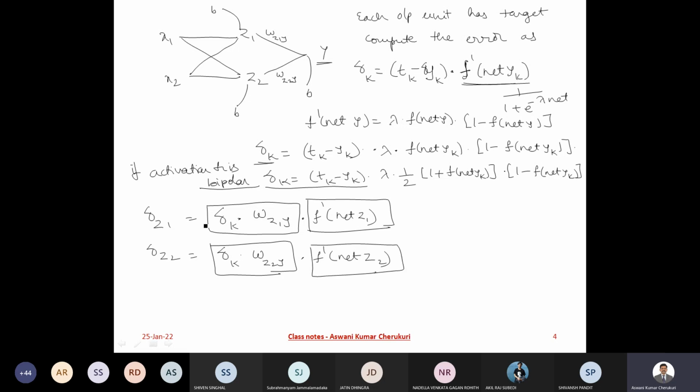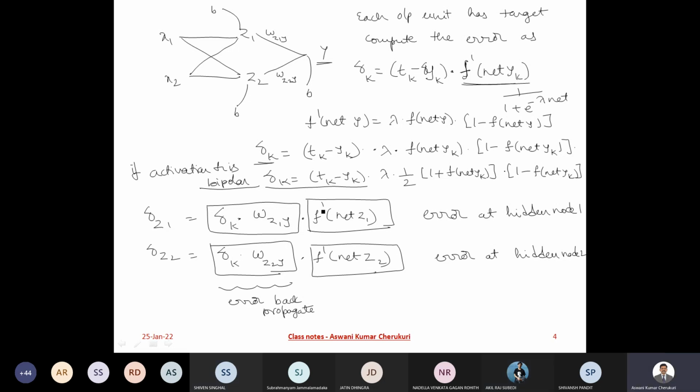So this is the error at hidden node 1, error at hidden node 2. So this is the error back propagated from where? From the output node. Okay, is that clear? Yes, sir.